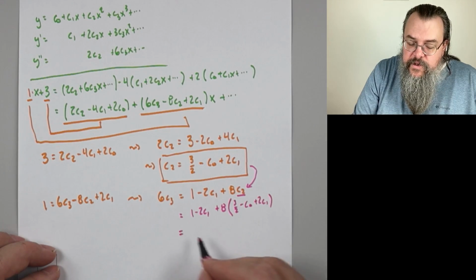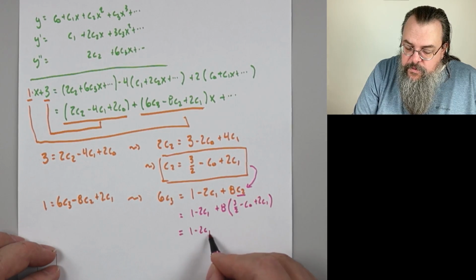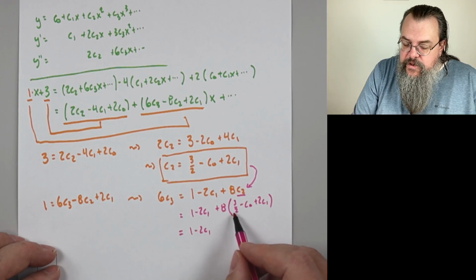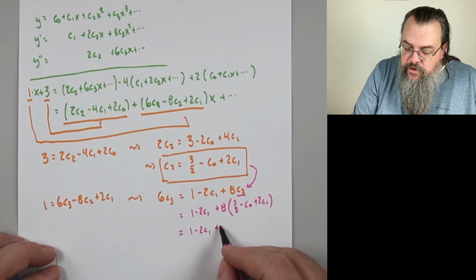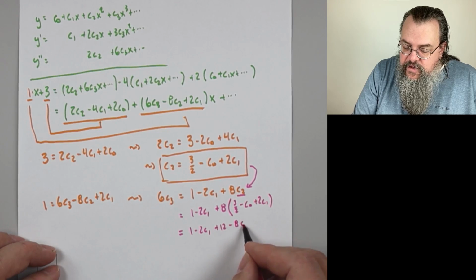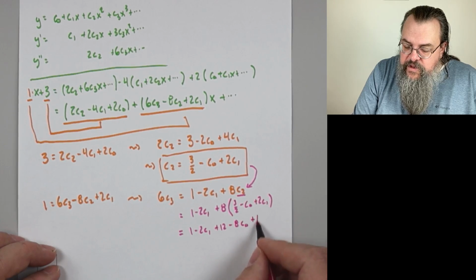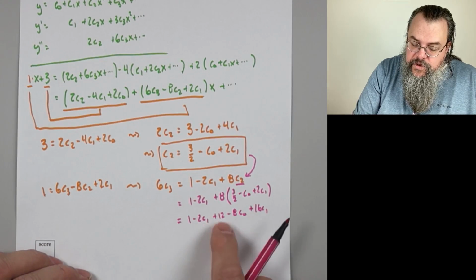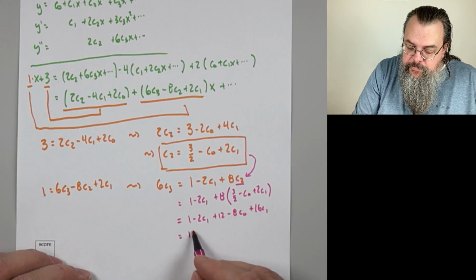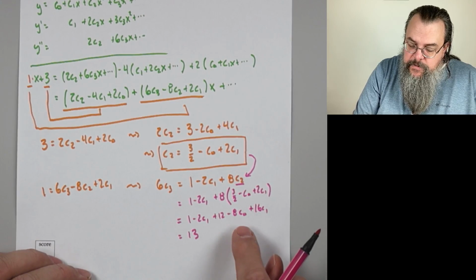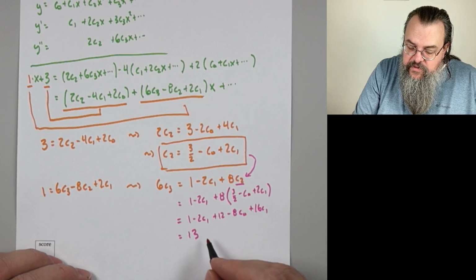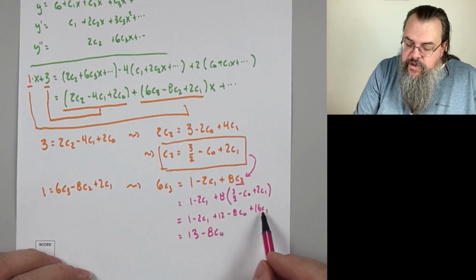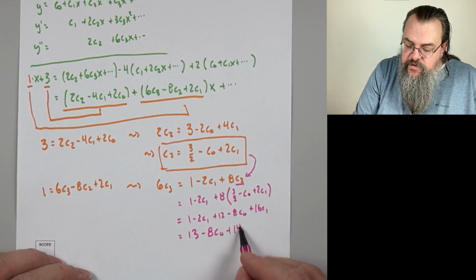So if we work this out, we get 1 minus 2c1. 8 times 3 halves. Well, 8 divided by 2 is 4. 4 times 3 is 12. Minus 8c0 plus 16c1. So 1 plus 12 makes 13. Then we have a minus 8c0. And then minus 2c1 plus 16c1 makes 14c1.